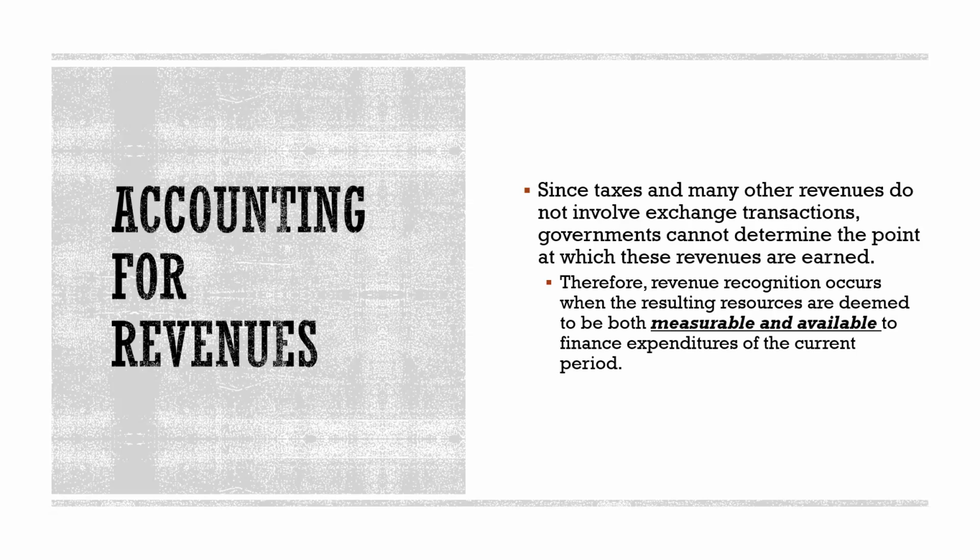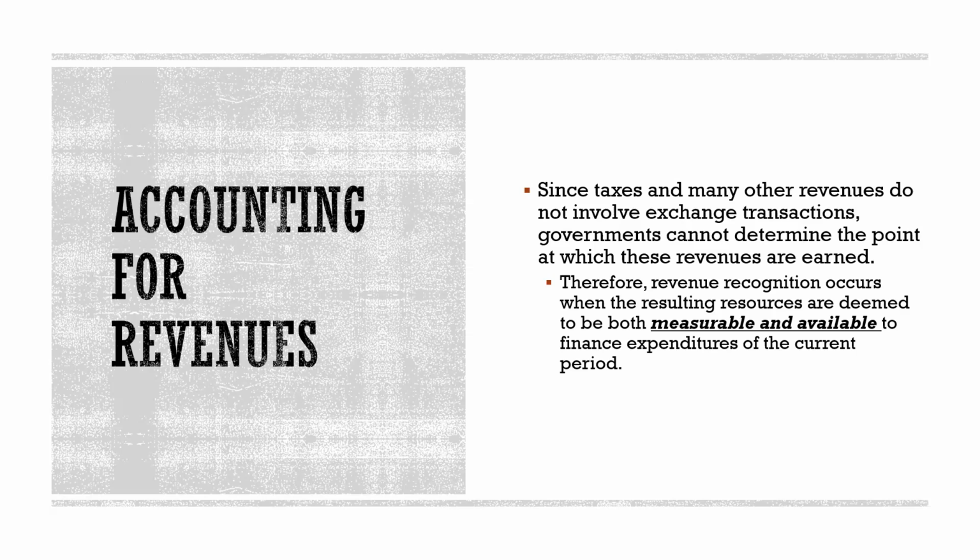So we don't have anything that we would call an actual exchange transaction, and therefore we're using that modified accrual basis of accounting where we recognize revenue when it's measurable, aka we know how much we can estimate how much we're going to get, and available, meaning we can use those resources to pay current liabilities and expenses. We've got them in the current year or close enough to the end of the current period that we can still use them for those current liabilities and expenses.